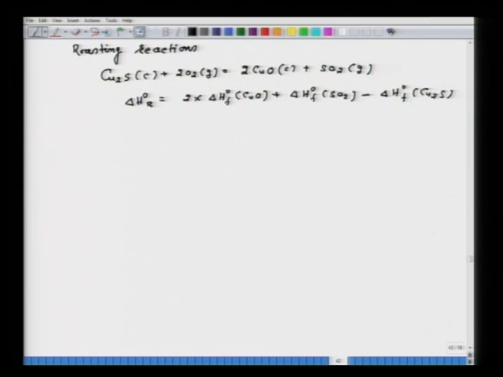If you substitute the values, you will get minus 136,990 kilocalorie. You see that in roasting a very large amount of heat is generated, and if caution is not exercised, there is a chance that the material of the container may attain a very high temperature.